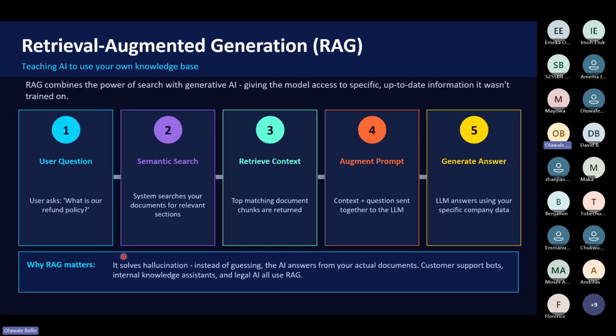So the RAG system. To quickly explain this part, RAG is a scenario whereby AI does not rely only on its training data. Let's say, for instance, the World Cup is ongoing right now, and the training data of the AI goes up to probably 2025, where the World Cup has not started.